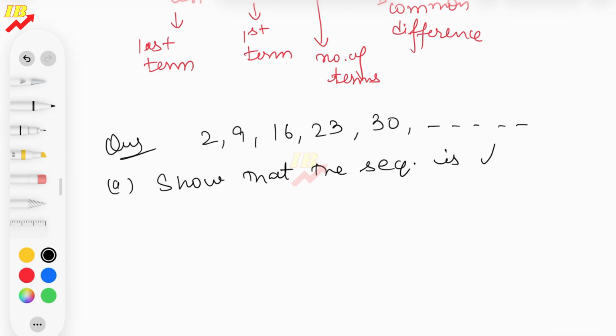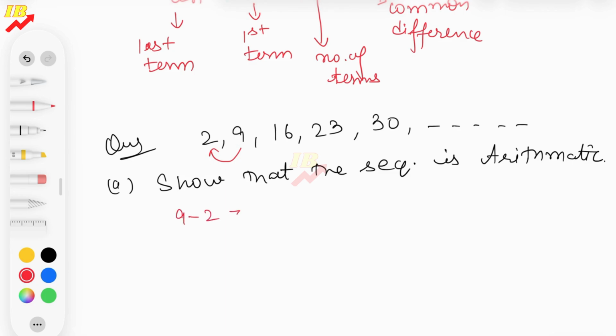As I already said, we have to check the common difference for it, right? So we have to check that the common difference will be the same throughout. So what is the common difference here? If you subtract, it's 9 minus 2, which is 7.